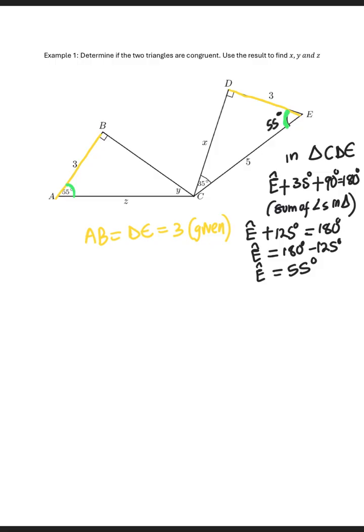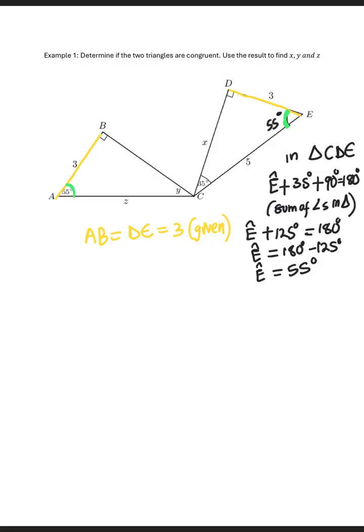And then we see something strange, right? This angle is close to the side with length 3, and the same thing happens on this side, right?